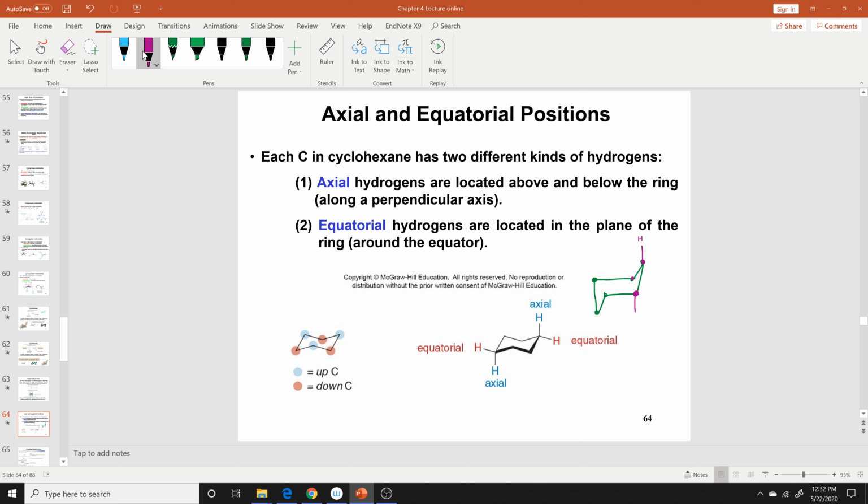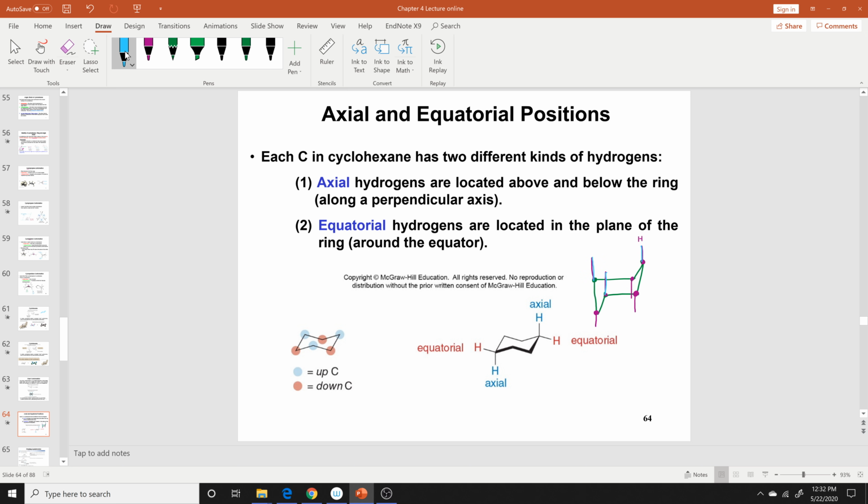This carbon over here is down. Its axial is going to be down as a straight line. This carbon is up. Its axial is going to be up. This carbon is down, axial down. This carbon is up, axial is up. So notice at the end, what did I have? I had 3 axial hydrogens that are pointing up.